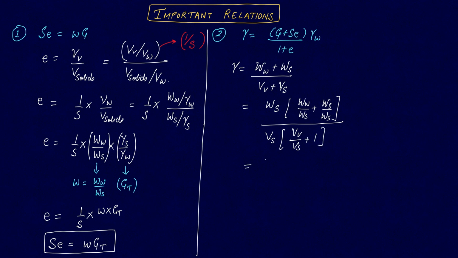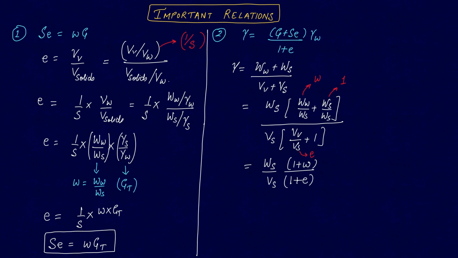Here, Ww upon Ws is nothing but the water content, and Vv upon Vs is nothing but the void ratio. So you can write this as 1 plus w over 1 plus e in the denominator.